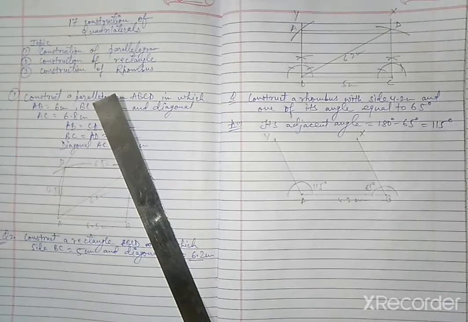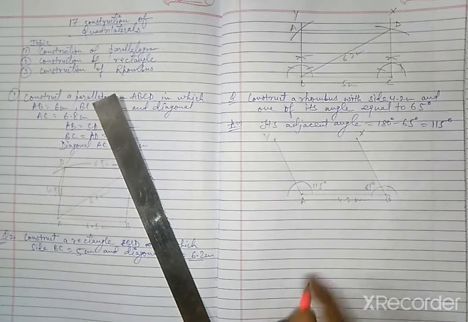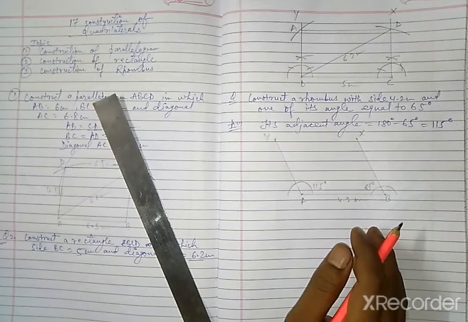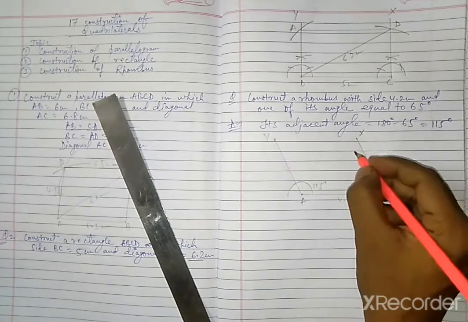Now as I said that all the sides of a rhombus are equal, so I have drawn AB 4.2 centimeter. I will measure 4.2 centimeter in a compass. I will put it at point B and cut an arc.